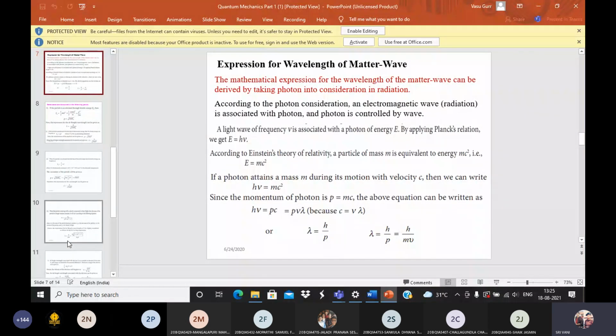So here we have in the numerator 6.62 into some power of 10, and in the denominator 9.11 into 10 power minus 31, again a power of 10, and next the velocity 3 into 10 power 12. Simplify all the powers of 10 and the remaining values. It is easy for you: 10 power minus 34 by 10 power minus 31 into 10 power 12.